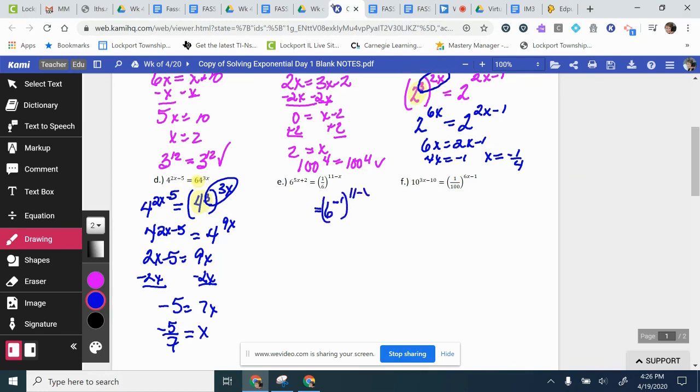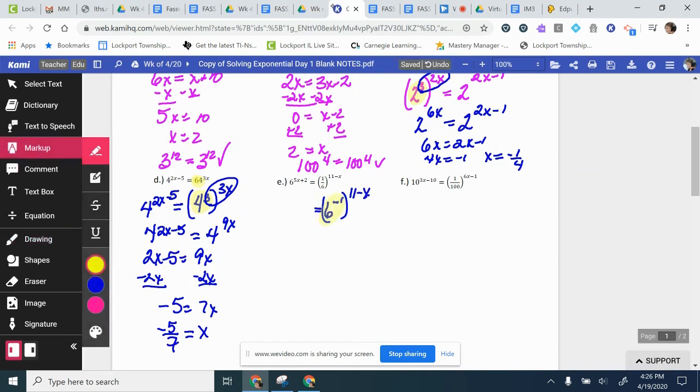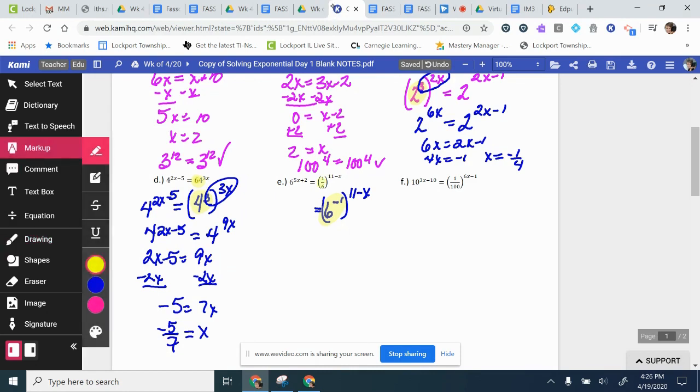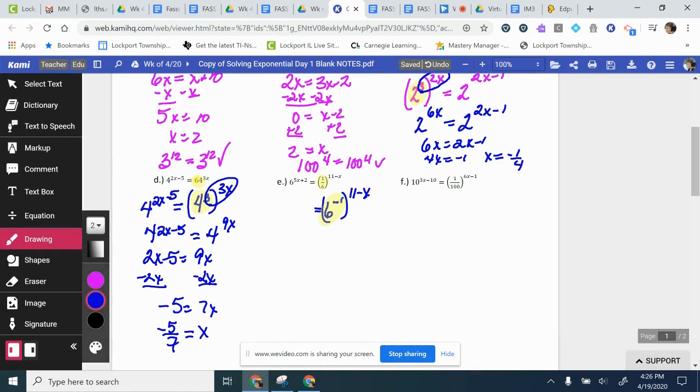So this is where all those properties of exponents that we practiced last year and this year come in handy. So what I'm replacing here is the 1/6, and I'm rewriting that in an equivalent way as 6 to the negative 1. And then I have 6 to the 5x plus 2.